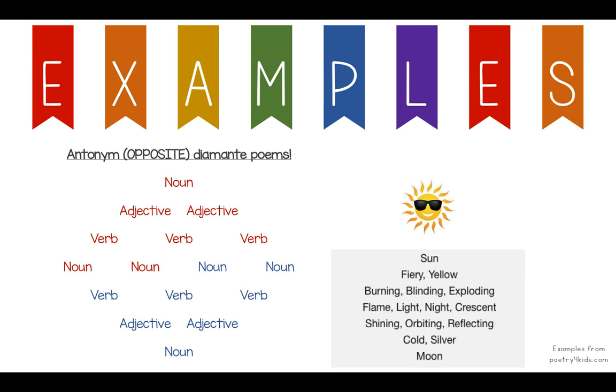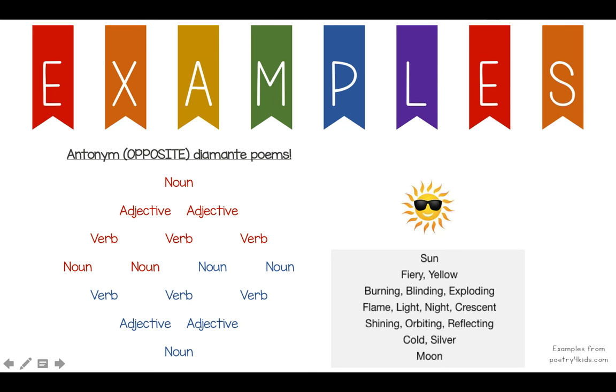The next type of Diamante poem is an antonym or opposite Diamante poem. The cool thing about this is you're going to start with a word and you're going to end with a word that's the opposite. And you can see here that I've put it in 2 different colors for you so you can really see.